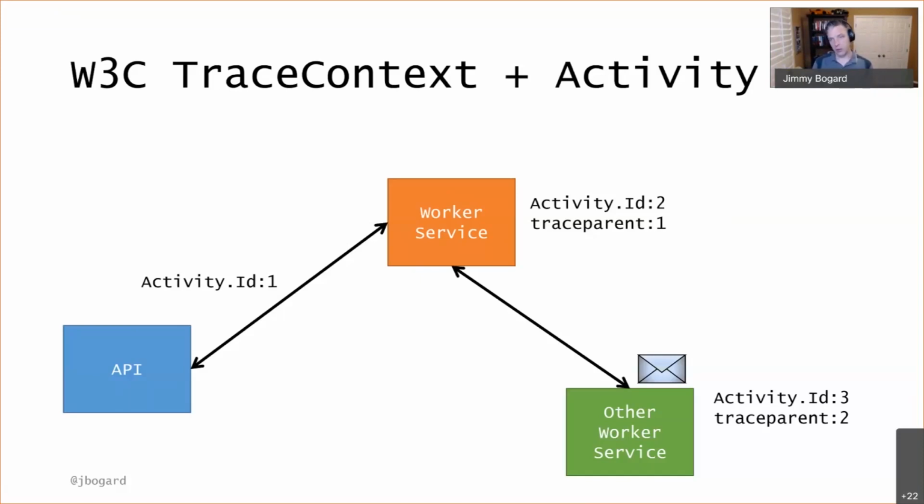Now, the next piece of the puzzle was Microsoft in the .NET Core world. So this is distributed tracing made easy with .NET Core. Well, .NET Core and .NET have had diagnostics for a very long time, and that API was really customized for a lot of the Microsoft environment, so it didn't really jive with this overall standardization support.